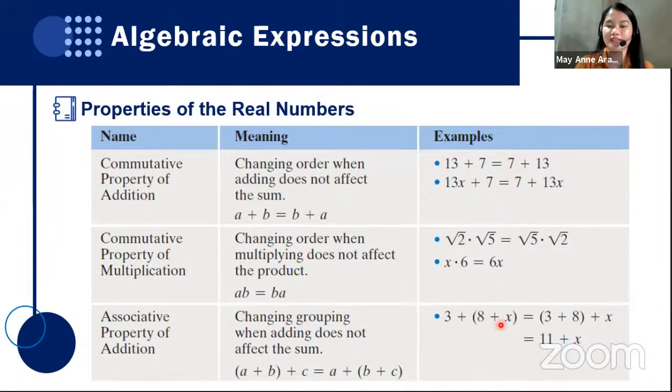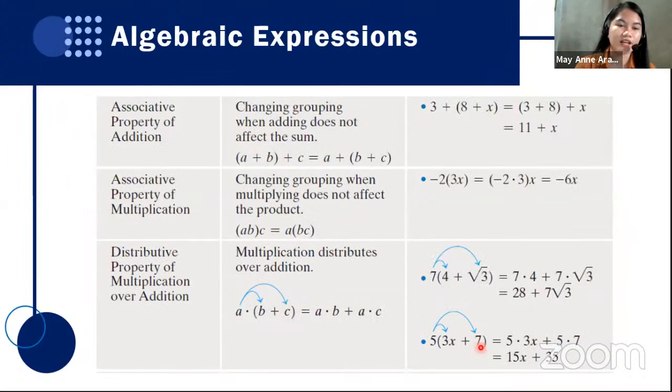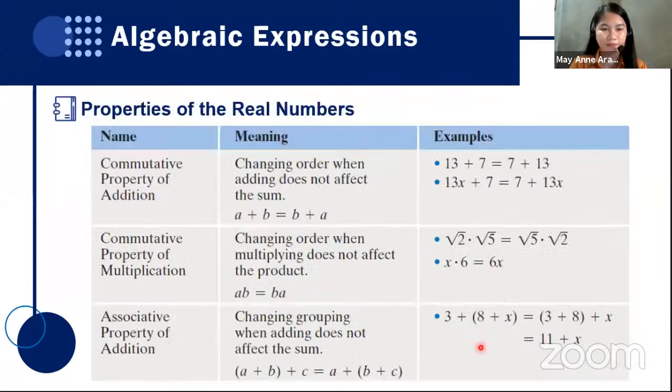Because 3 plus 8 is 11, and then we group the two constants here, so 11 plus x. We cannot add them because this one is a constant and this one is a variable. That is the associative property of addition, changing grouping when adding.